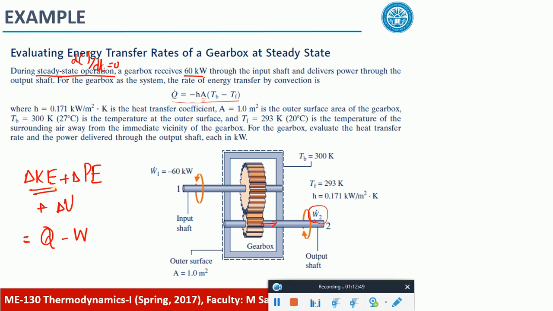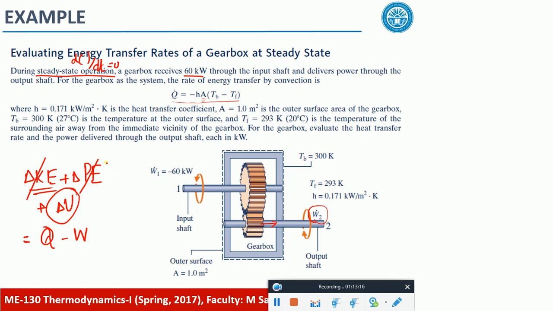No. Not at all. As a system it is not moving. Are you trying to elevate it? No. What about that? Come on. What about that? If we are talking about, okay.